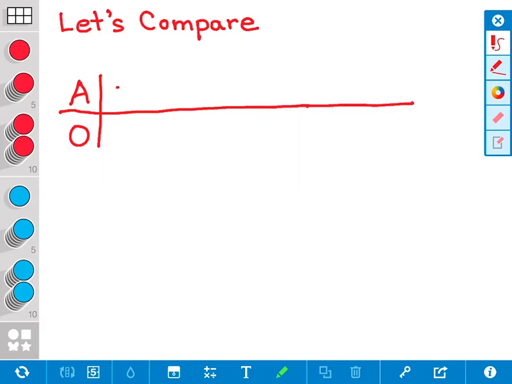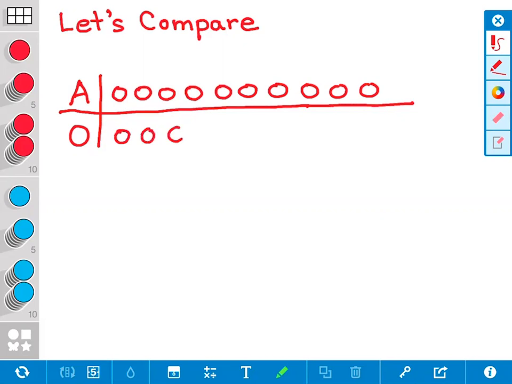Then I would go 1, 2, 3, 4, 5, 6, 7, 8, 9, 10. Then let's say Miss Day has 6 oranges. 1, 2, 3, 4, 5, 6.